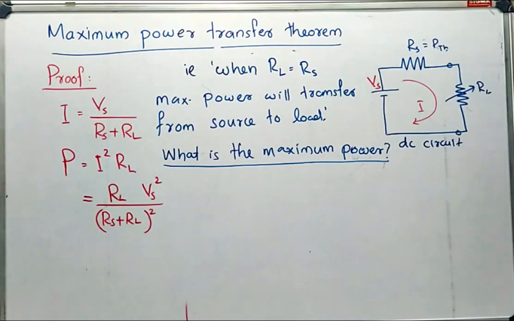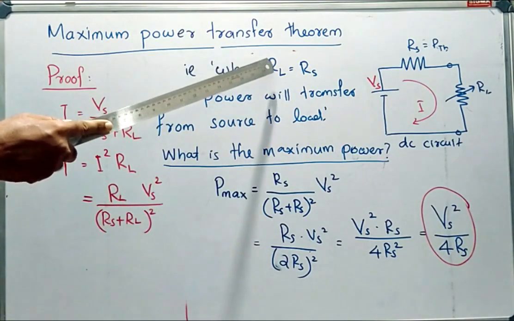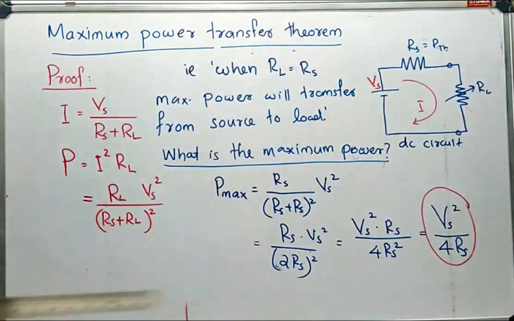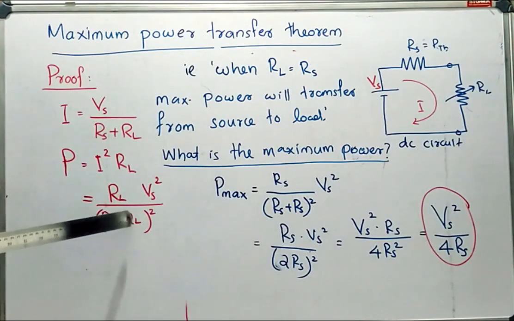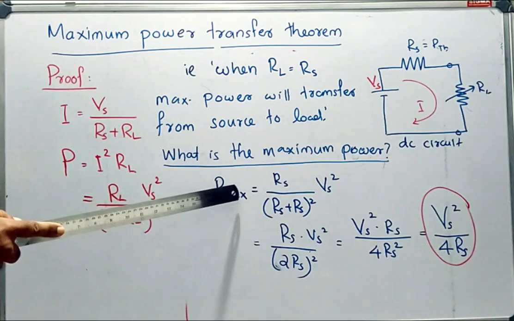Now we can see what is the maximum power under this condition. We know power is equal to RL into Vs square by (Rs plus RL) whole square. At Pmax, we know RL is equal to Rs. So instead of RL, we can substitute Rs in this equation, and we can obtain Pmax.